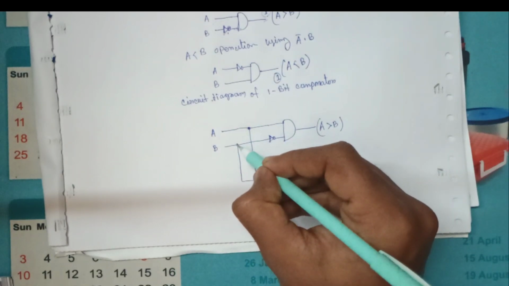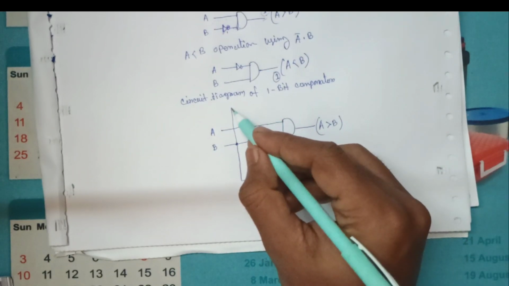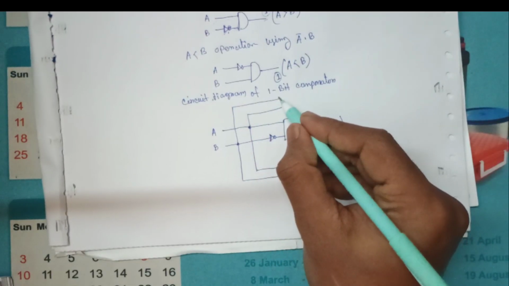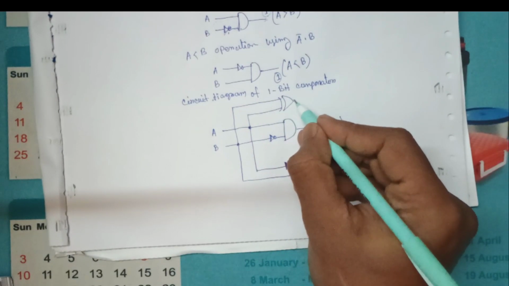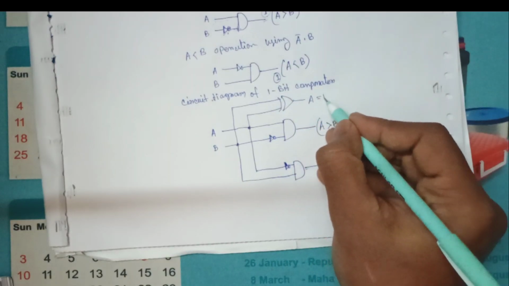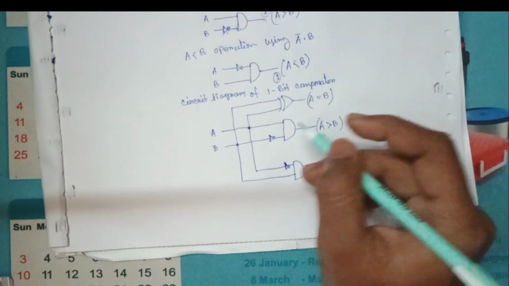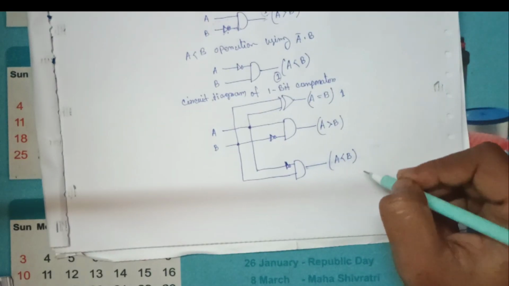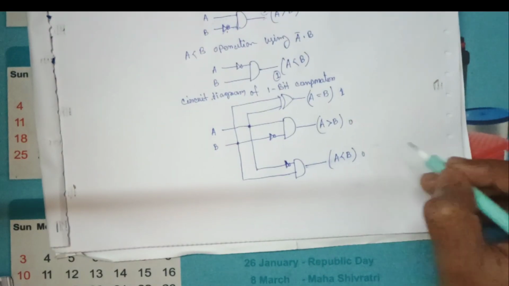And this one is for A equals to B. If two digits are equal, this will give 1 and the other two will give 0.